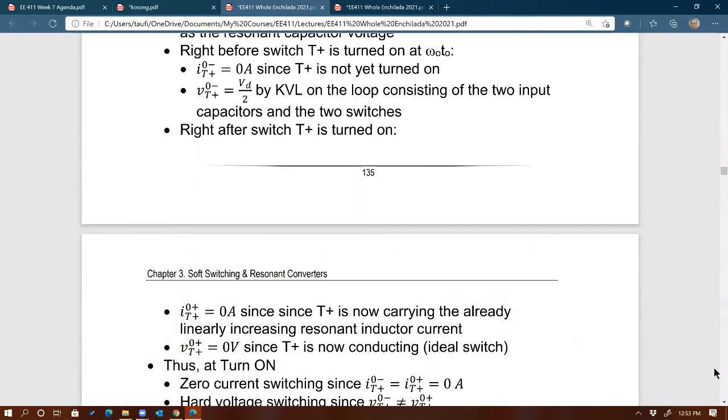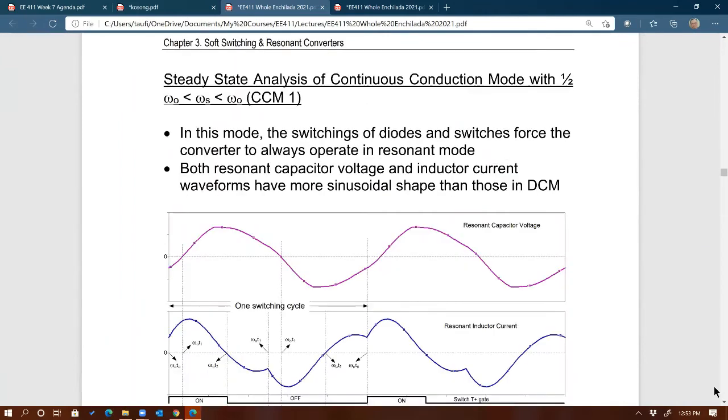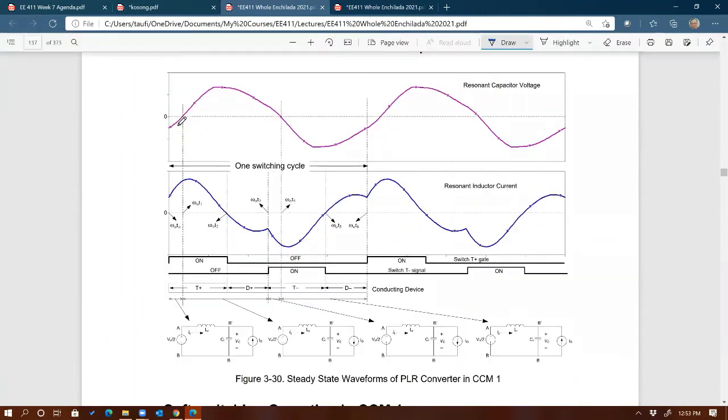And then that's the table. And then here's CCM1 right there. You can see now it's looking more like a sine wave. Still not that pretty, but at least it's better than DCM. In DCM the waveform is just very distorted.